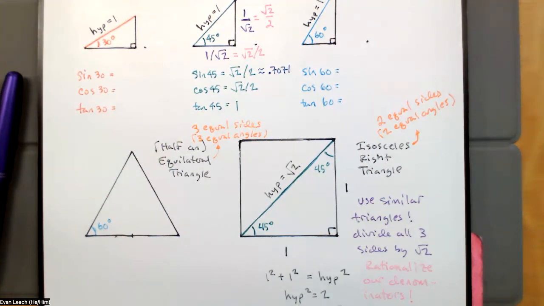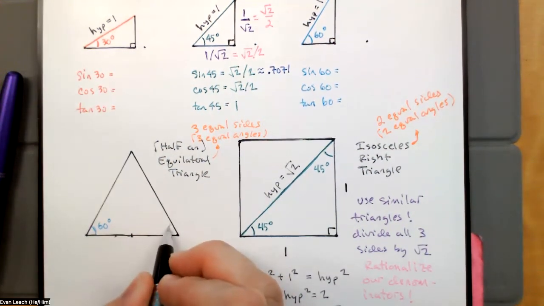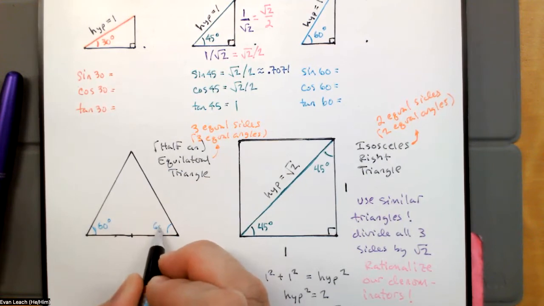Since the sum of the angles in any triangle is 180 degrees, and here they're all the same, we take 180 divided by 3 and come up with 60 at every corner. So it's 60, and 60.